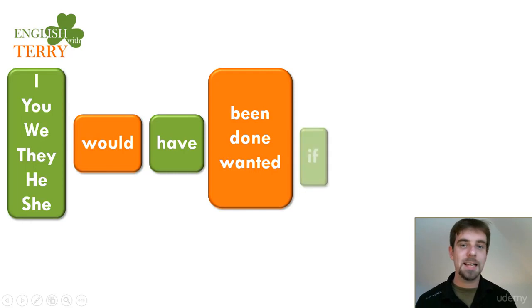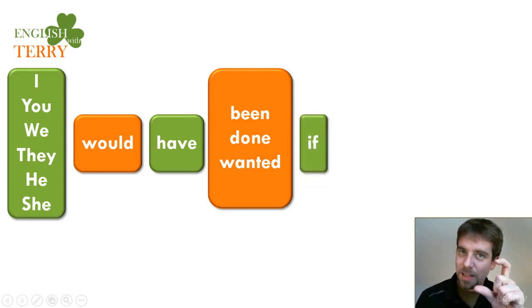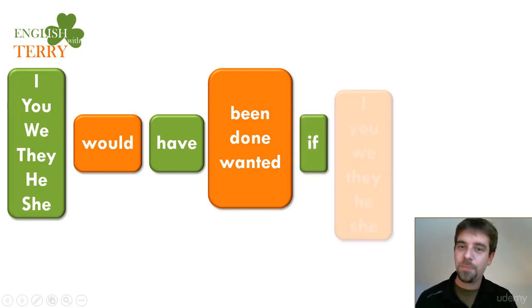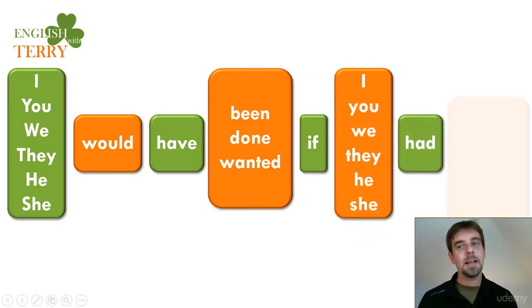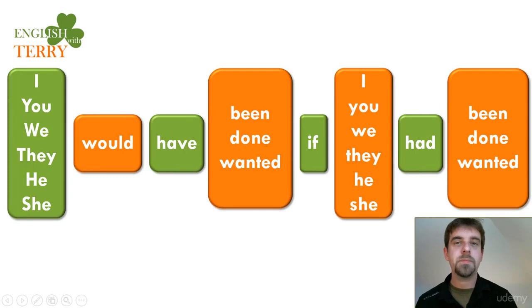And the little word if that makes everything happen here. I, you, we, they, had, and past participle. These are all the elements, all the ingredients for this kind of conditional. Now, we call this the third conditional, but don't worry too much about names. Just get the idea and get the concept first.